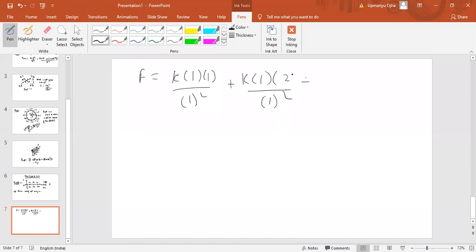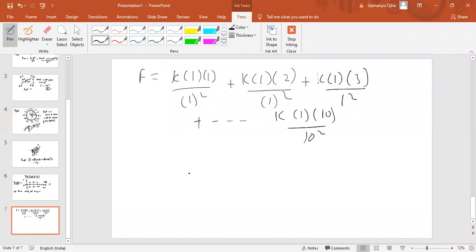Okay. Similarly, due to 3 coulomb charge, it would be k 1 into 3 by 3 square. Like this we are adding and we are getting up to k 1 into 10 by 10 square. Okay, so we can get here as the magnitude of that force k common. So we can write here as 1 plus 2 plus 3 up to, sorry.